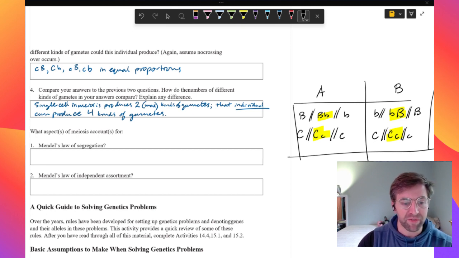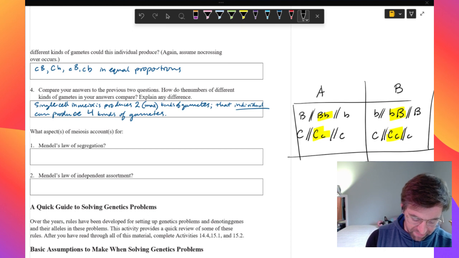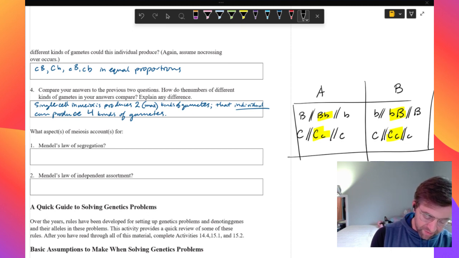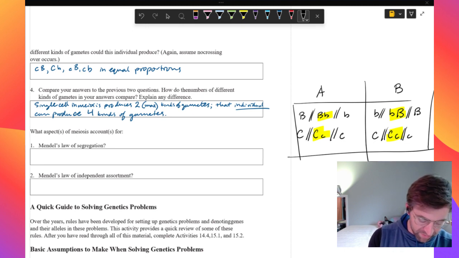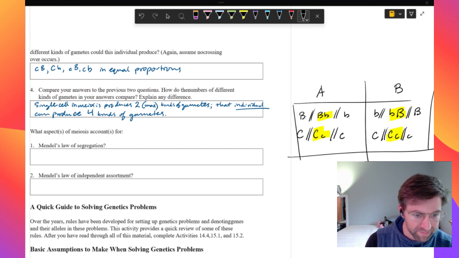Synapsis of homologous chromosomes in prophase 1 and their separation to opposite poles in anaphase 1 separate or segregate alleles of a given gene into different gametes. So Mendel's law of segregation basically describes the behavior of separate genes.